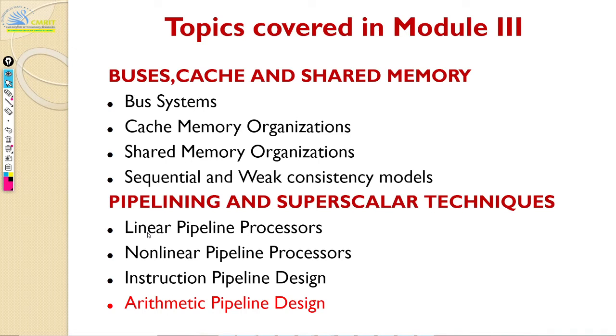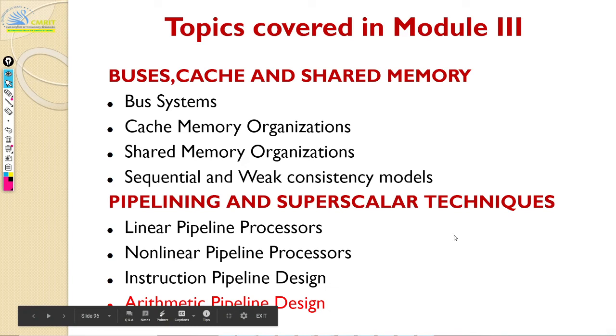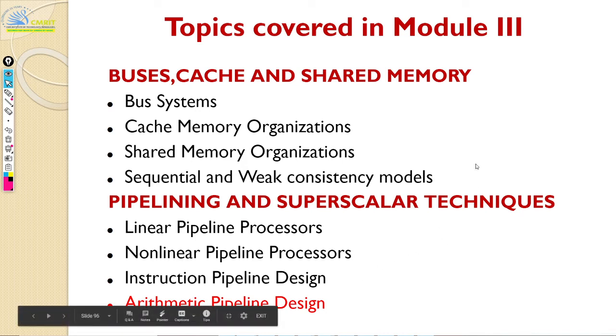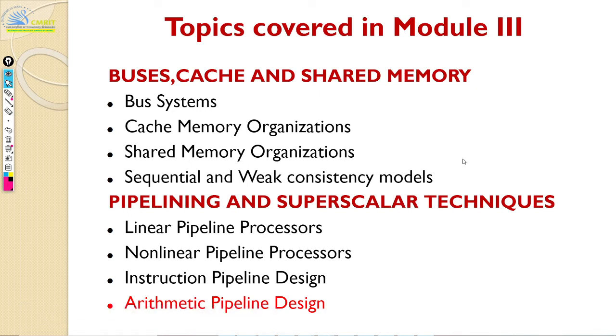And we also saw non-linear pipelines, where we have feed forward and feedback systems where you can pass the data in and around the pipeline apart from the streamline data passing.